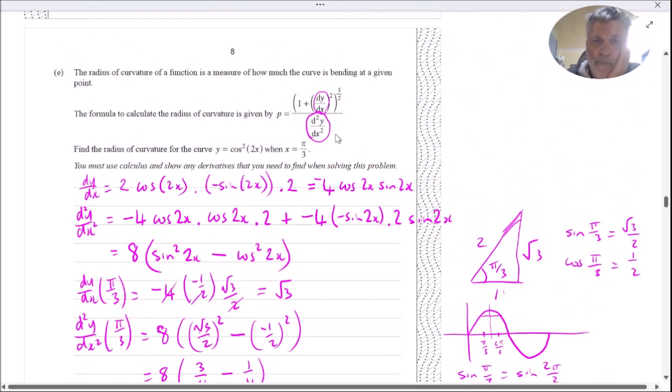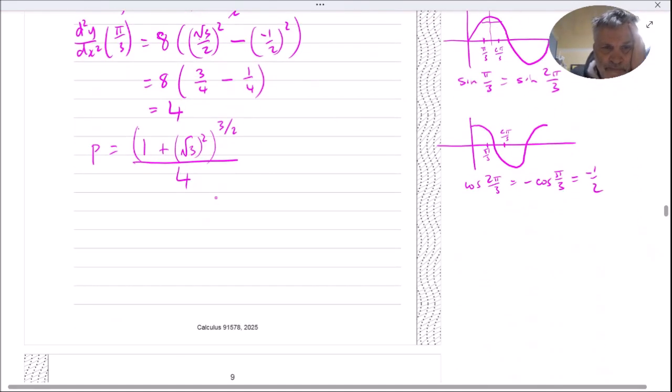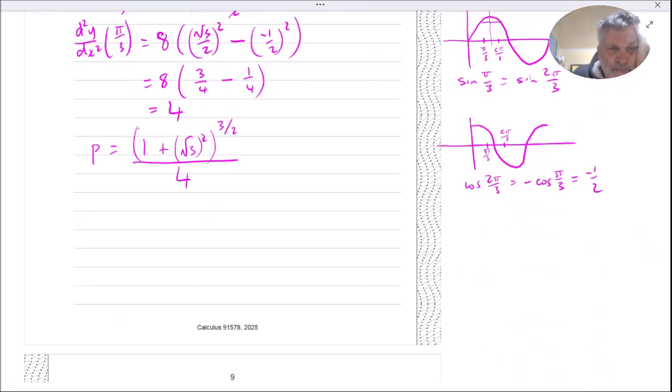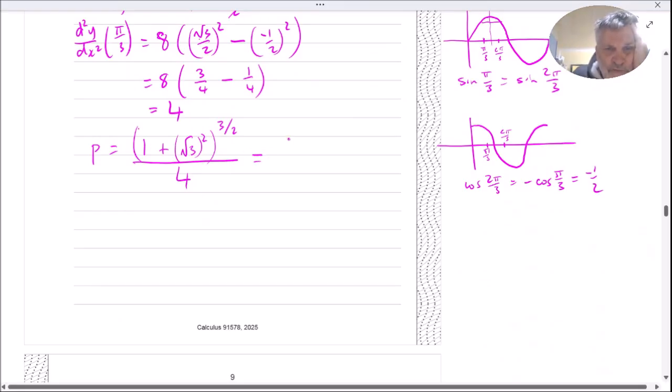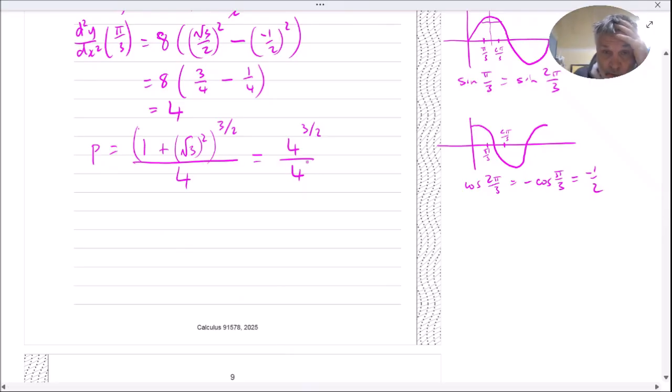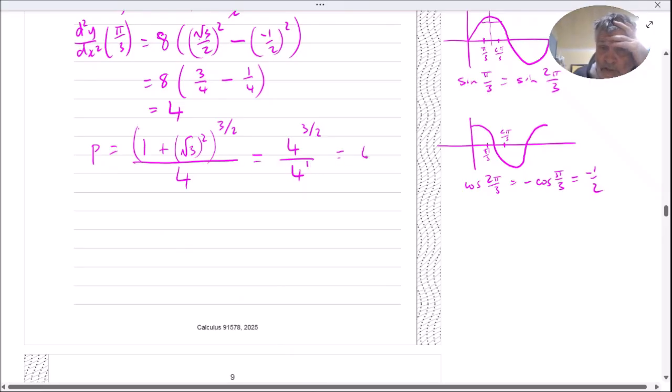I think that's right. Root 3 squared is 3, 1 plus 3 is 4, so this is 4 to the power of 3 over 2 divided by 4. This is 4 to the power of 1, so subtract, so it's 4 to the power of a half, so it's 2.